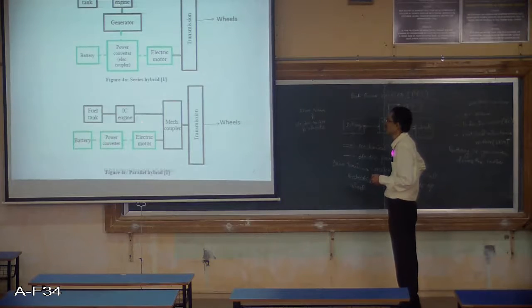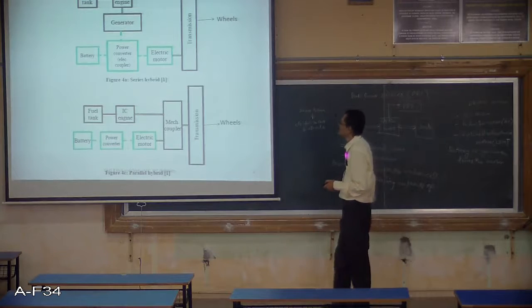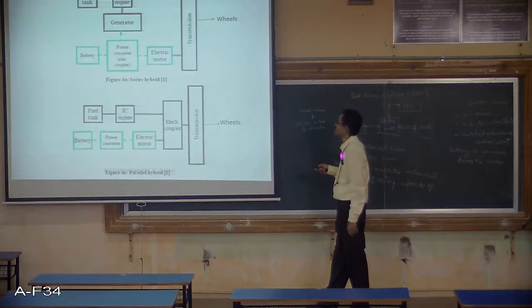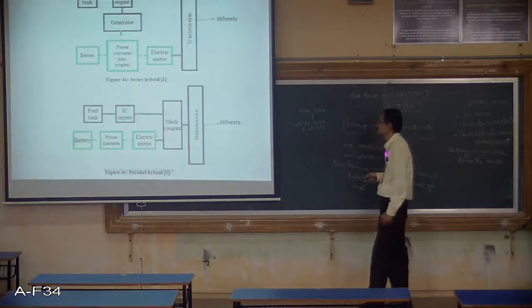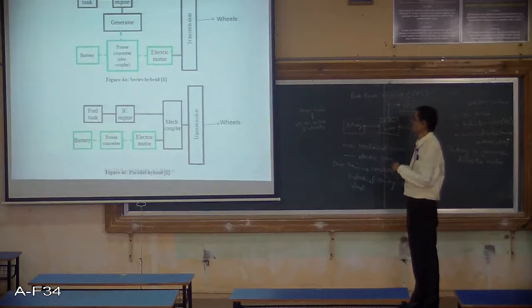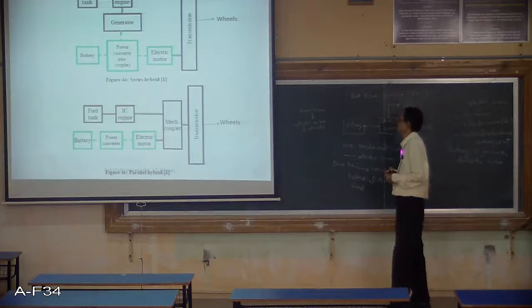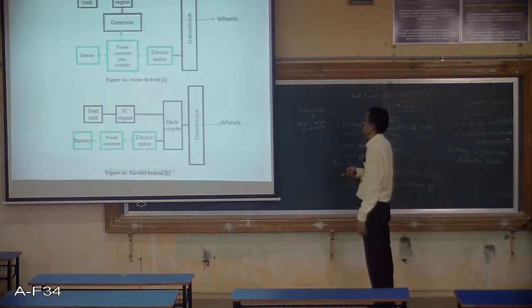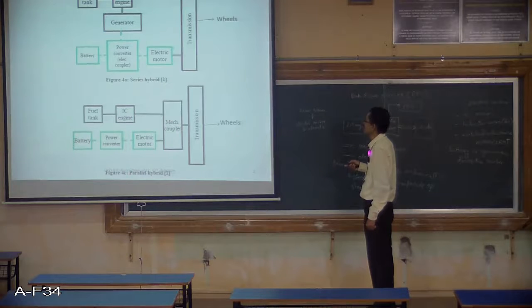But you cannot have direct control over the torque and power of the IC engine. So that is the ease of flexibility, or ease of control, of the electric motor compared with the IC engine. So the main thing in parallel hybrid is that the mechanical coupler can connect the wheels either to the IC engine or the electric motor.